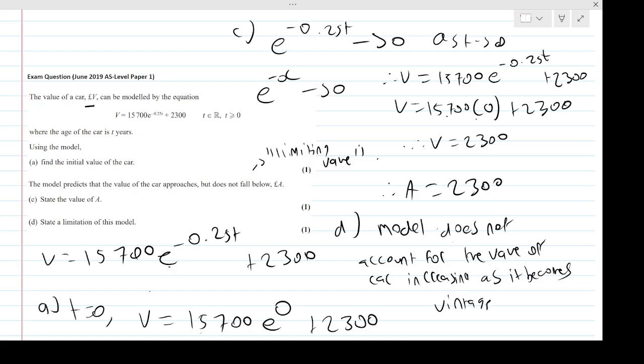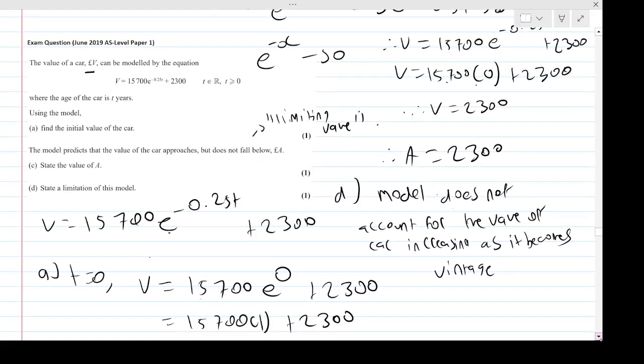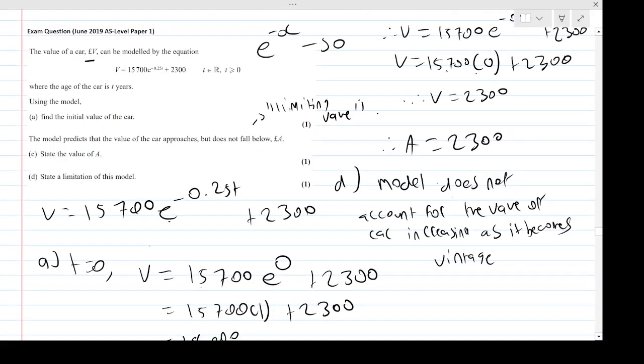Or you could say that £2,300 is maybe too high for a car that just goes to scrap in the long term. After 1,000 years it'd be unusable. Would you pay 2,000 for a car that's unusable? I don't know.